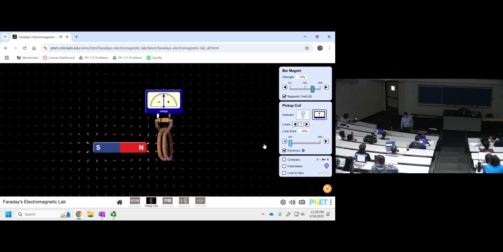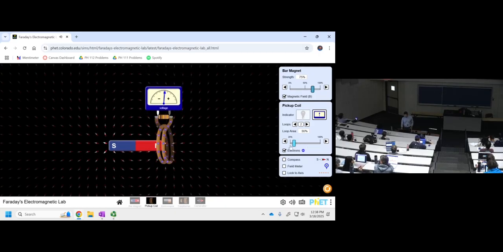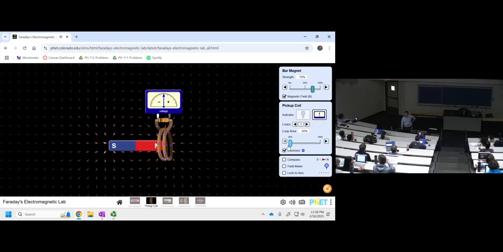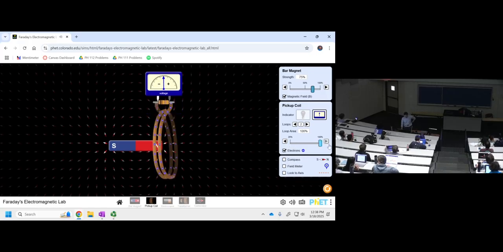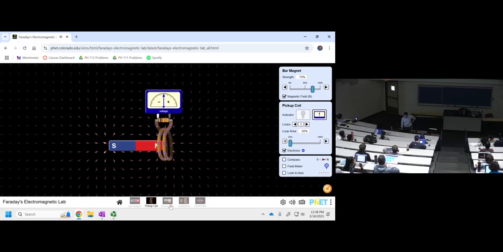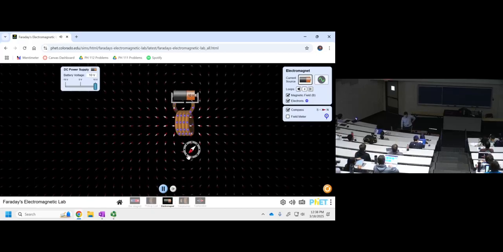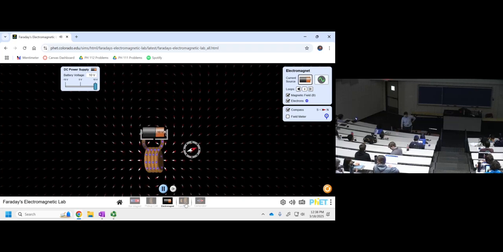Or we could instead, just like Andrew and I were talking about, if you have the bar magnet look like so, you can change the area, and you'll notice on the voltage meter, I get a very small change in the induced voltage, the induced current, as I change the direction here, or as I change the size. I'm trying to think if there's anything else, but I would encourage you to play with this a little bit and try to get a feel for what's going on with electromagnetism.